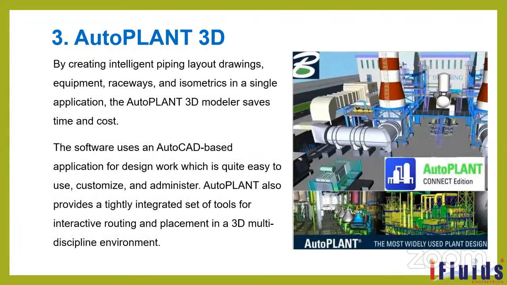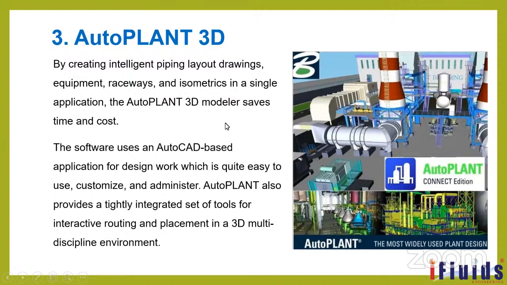Third one we are going to see is Autoplant 3D. This is also like some other applications. It is used to prepare piping layout drawings, equipment, isometrics in a single application. Autoplant 3D modeler saves time and cost.